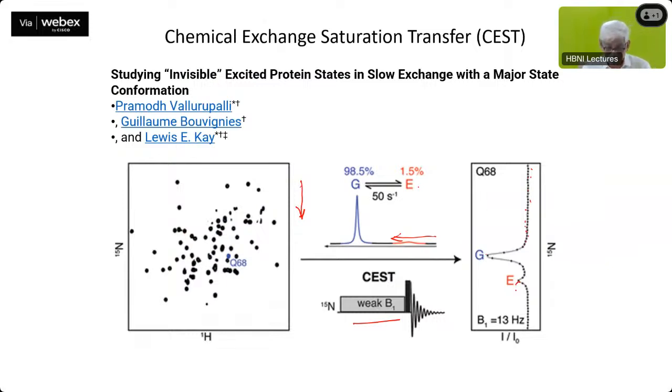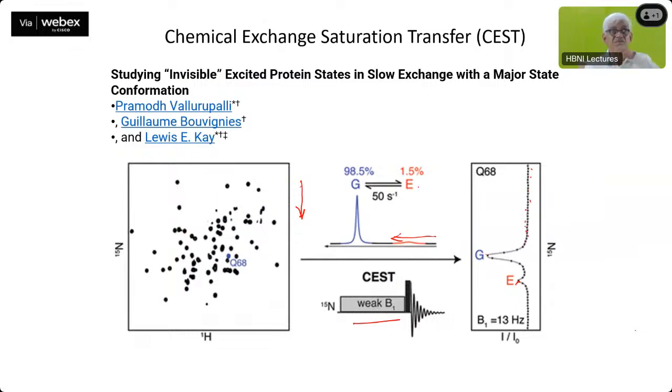Although you don't see the signal here, when you saturate it like this, you start seeing an enhancement, which tells you that here is a chemical shift which is actually exchanging with this ground state. This is a very powerful tool.